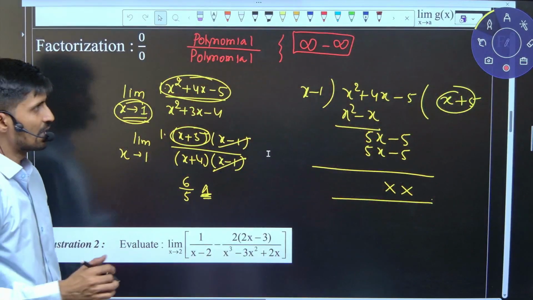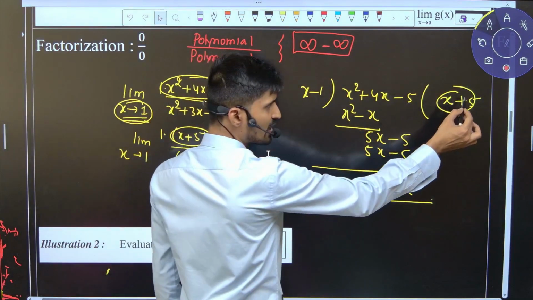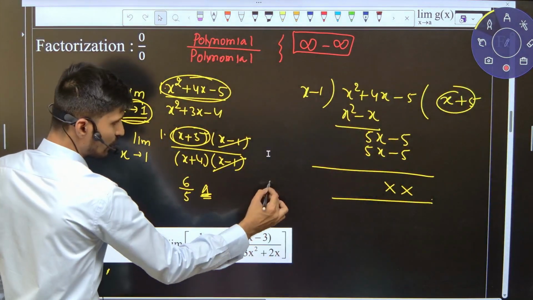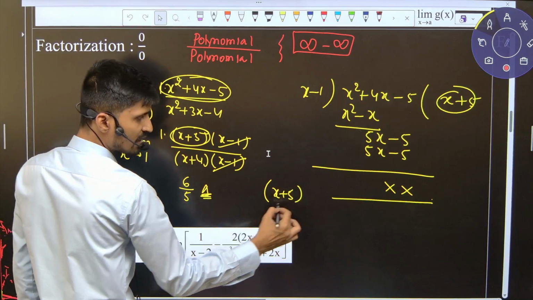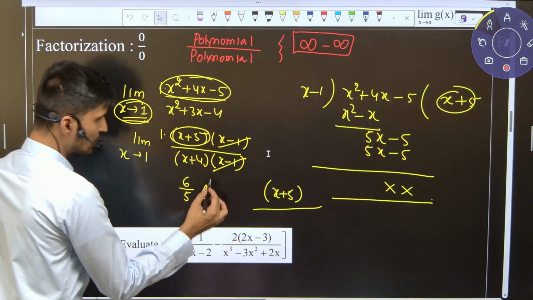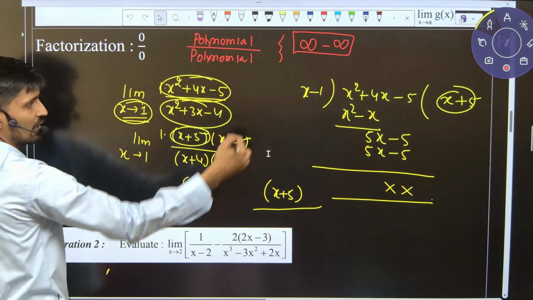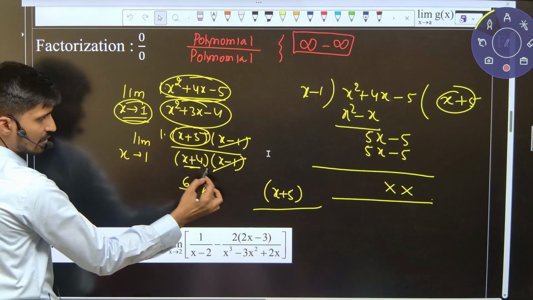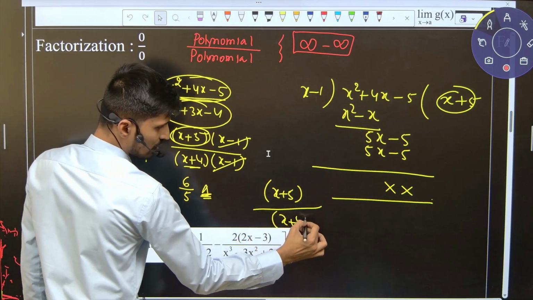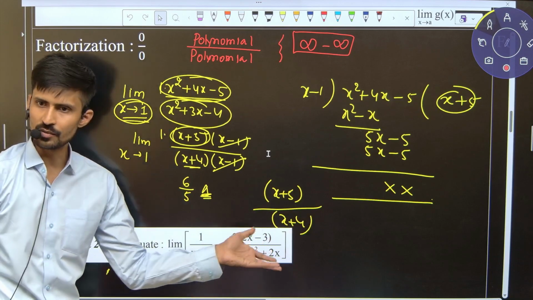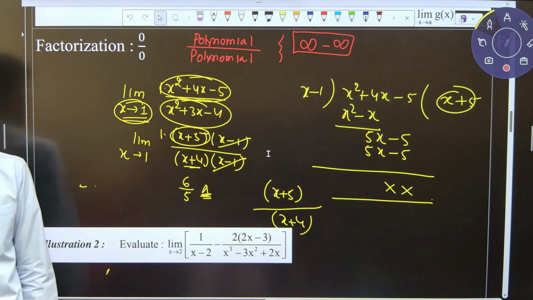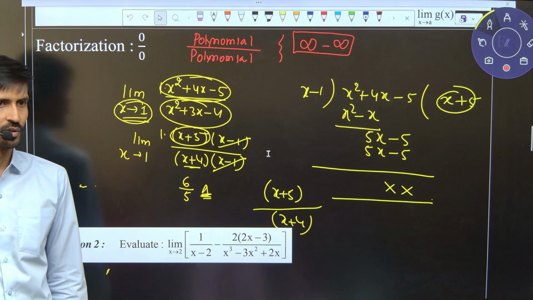It means this x plus 5 will be left in the numerator after cancelling. And same thing, you divide the denominator with x minus 1. In the quotient, you will get x plus 4. And then put x as 1 there, you will get the answer. So that technique also we can go for.